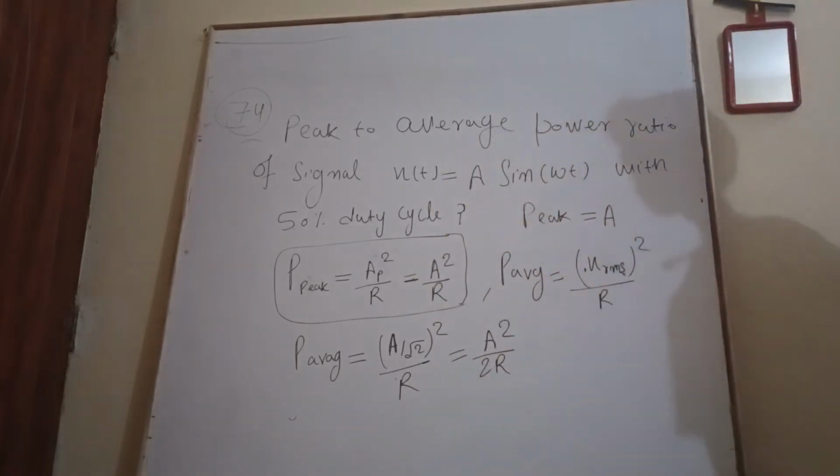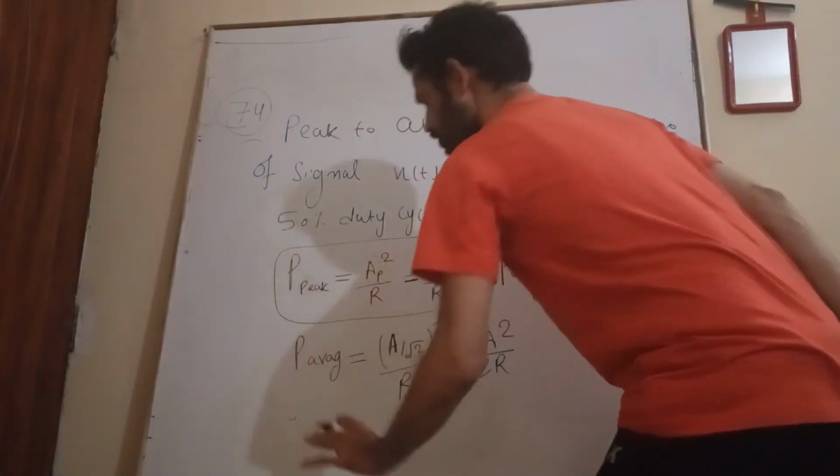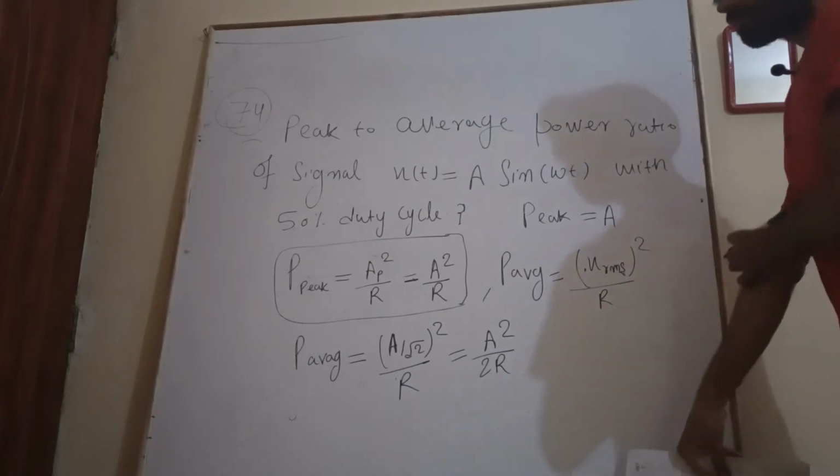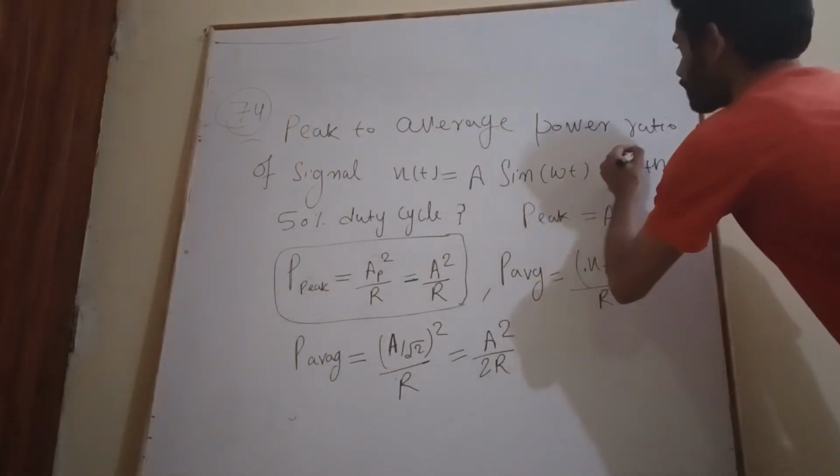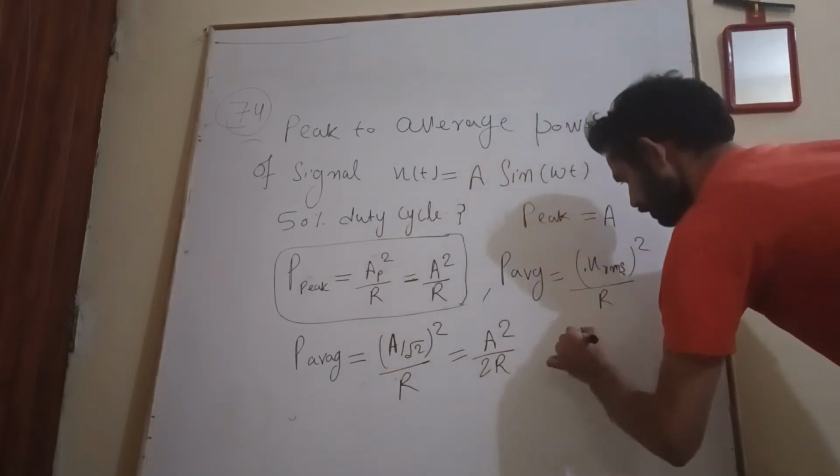This is my average power. But he's asking for a duty cycle of 50%.